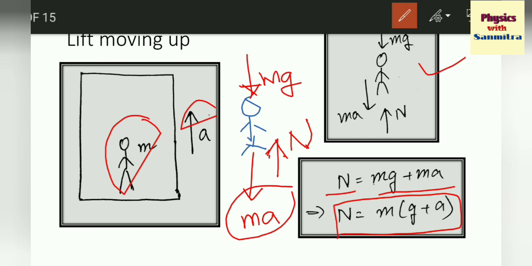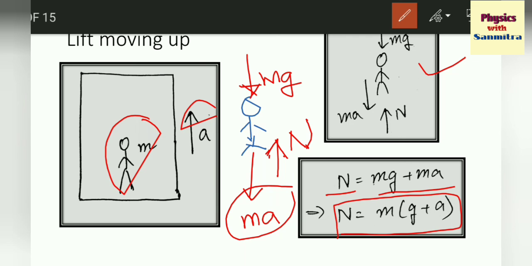See, there is a big misconception among students that they feel mg is equal to the weight they feel. That is not true. W is equal to mg is the weight. But they feel the normal reaction from the ground.